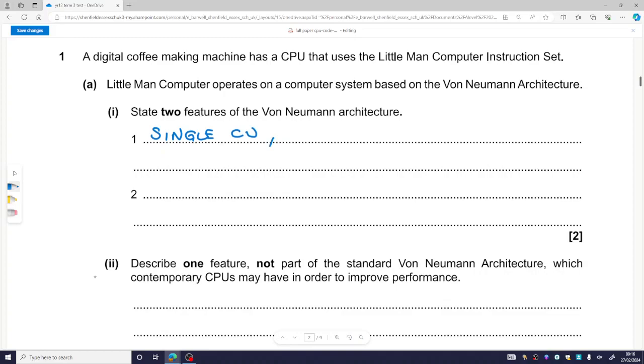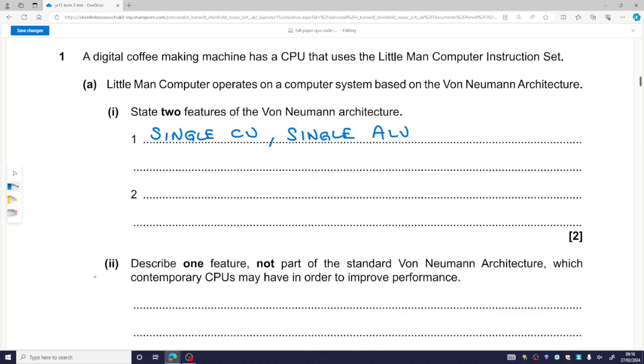A single, I'm not going to just write 2, I'm going to write a few down. A single ALU. Okay, so one control unit in charge of the CPU, one arithmetic and logic unit to do the adding, subtracting, the comparisons and things.